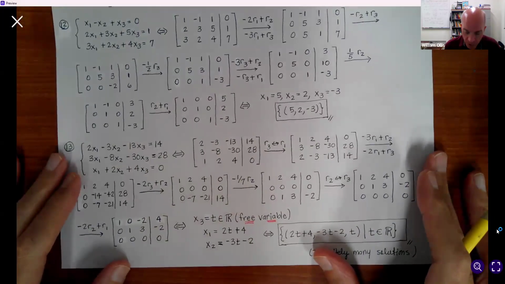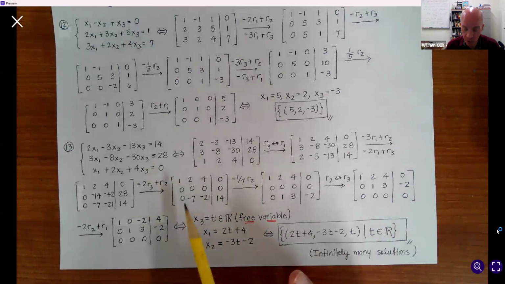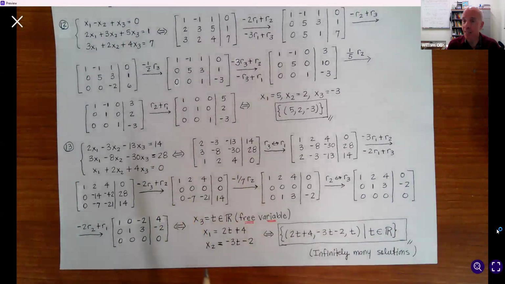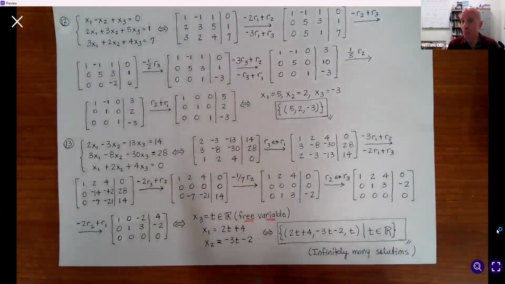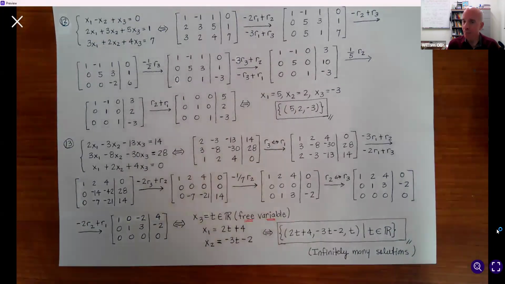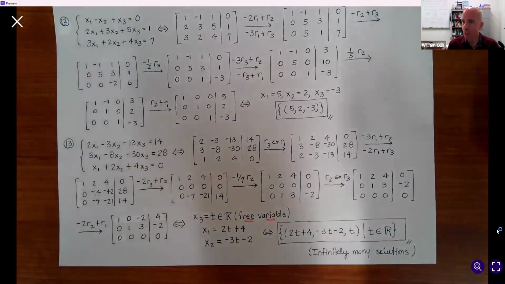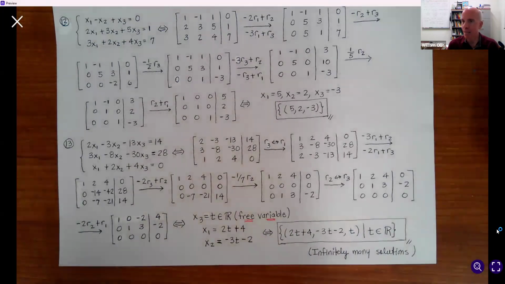Now, what I wanted to do was cover a situation where we have infinitely many solutions. That is, we actually end up with a row of zeros. Of course, maybe a few less operations, but then you have to navigate the parameter or the free variable.